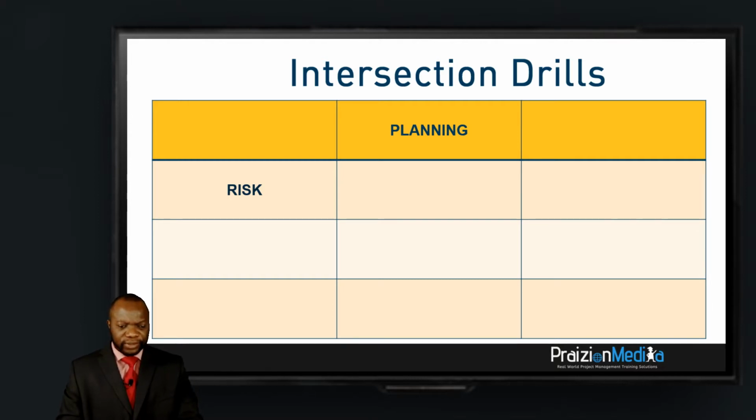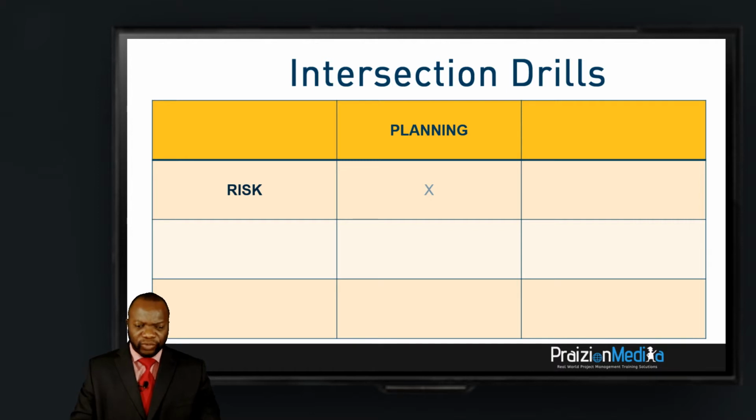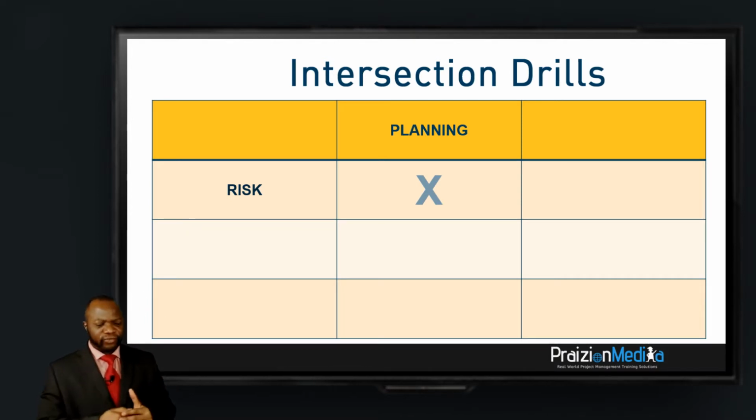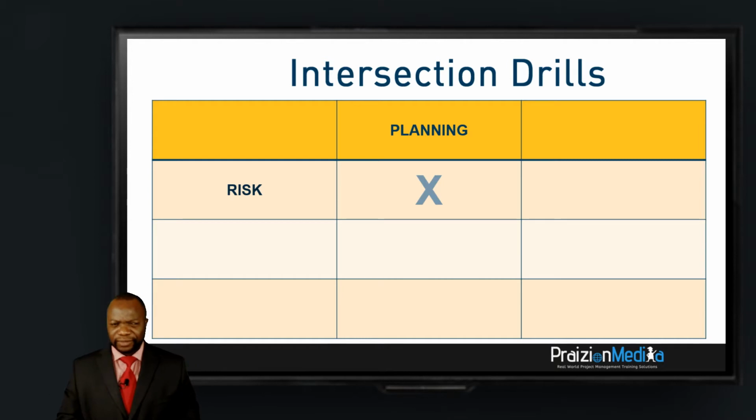In risk management, what do you get when you intersect risk and planning? This is a test really of page 25 that we've gone through several times on this channel. So without opening up your PMBOK guide, the question is, what do you get in the intersection of risk and planning?